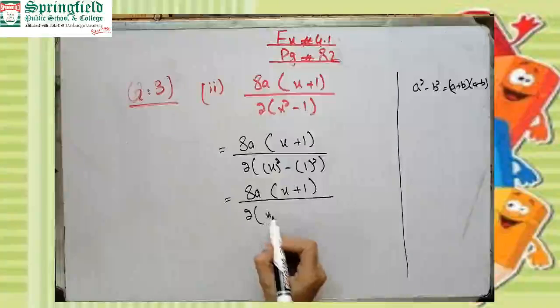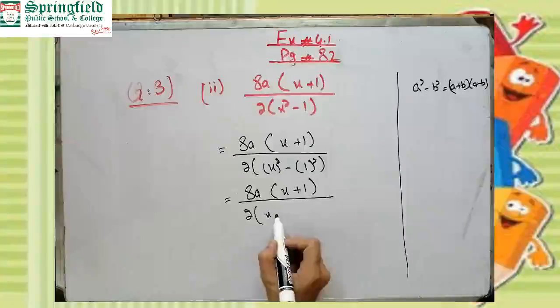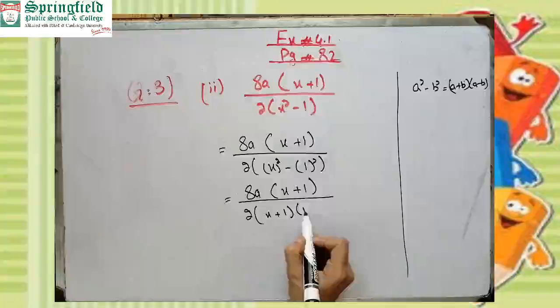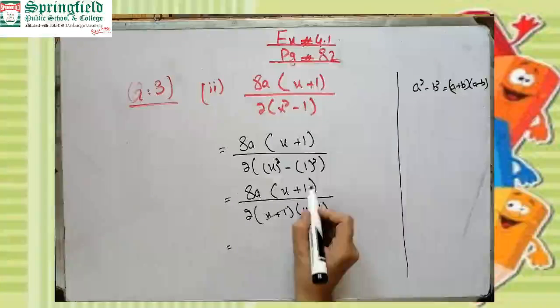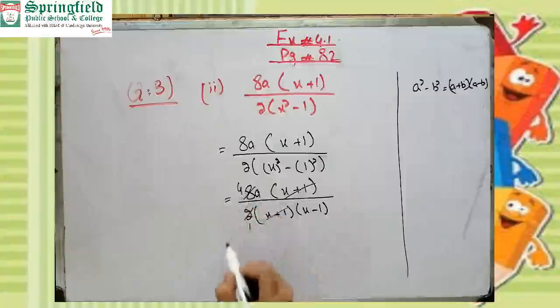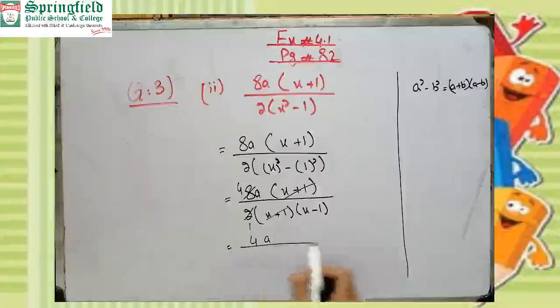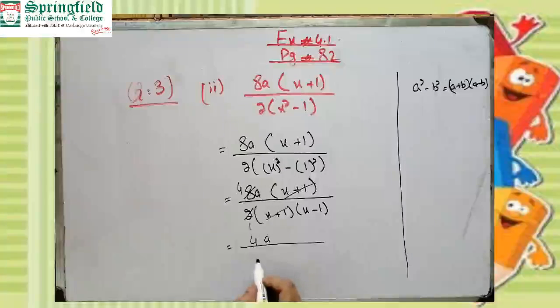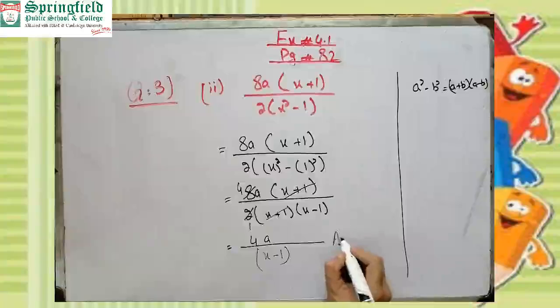So here a is x and b is 1. So a plus b, a minus b. Now x plus 1 can be cancelled with x plus 1. 2 ones are 2, 2 fours are 8. So 4 is just left in the numerator and x minus 1 in the denominator. And this is your final answer.